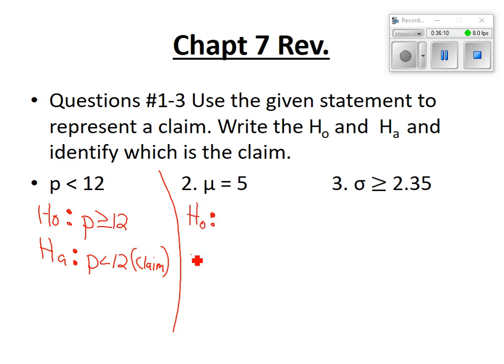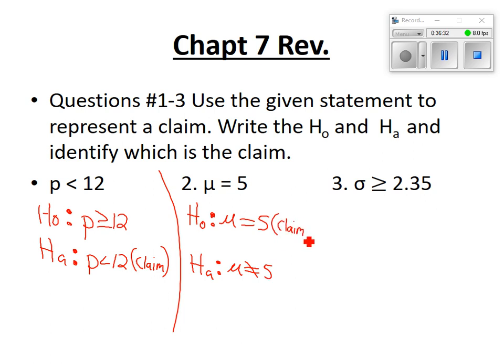Number 2, H0, HA. Mu equals 5. H0, yeah. HA, sorry, mu does not equal 5. Didn't ask us to do anything else on this, did they? No. Which one's the claim? The top one, H0.